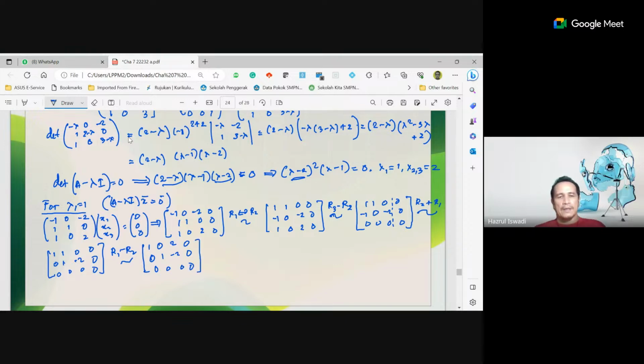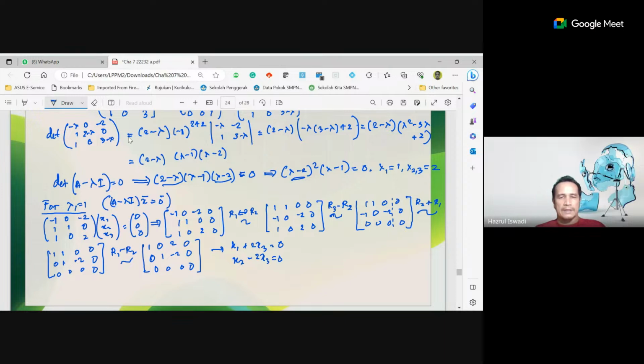Okay, we stop here. This is already a reduced row echelon matrix. So we have x1 plus 2x3 equal to 0, and x2 minus 2x3 equal to 0.